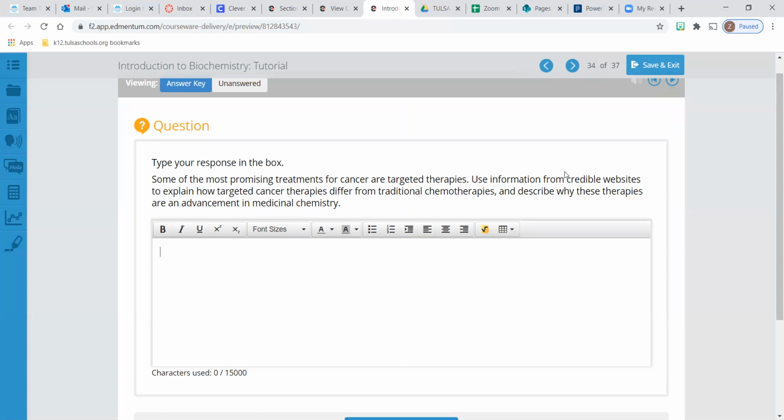The idea of chemotherapy makes sense, right? You're trying to kill cancerous cells and cancerous masses, but sometimes that can harm tissue that is not cancerous, and it can make people quite sick.